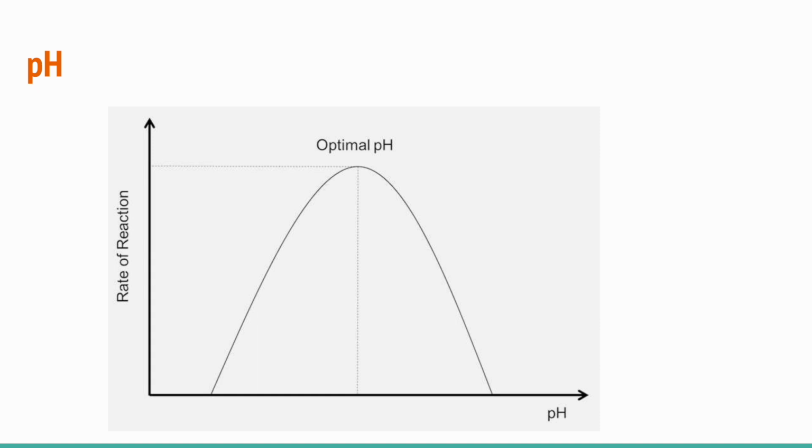Now, there are hydrogen bonds within the tertiary structure of a protein, and thus when there's more H plus ions in a more acidic environment, and obviously H plus ions are essentially protons, they interfere with the hydrogen bonds and also migrate to the negatively charged regions where ionic interactions are occurring in the tertiary structure of the enzyme and the active site.